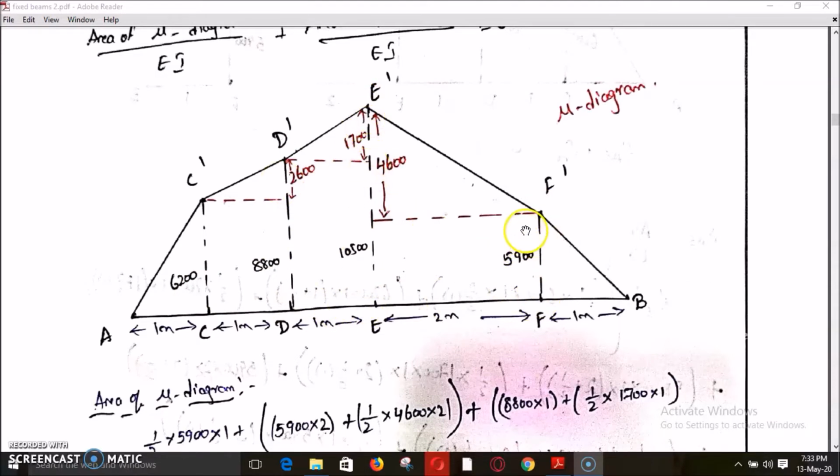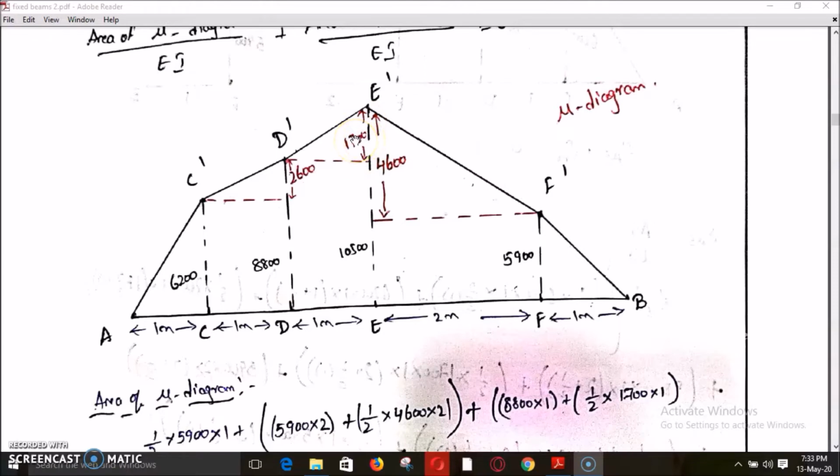I took a rectangle of breadth 5900 here, so this becomes 10500 minus 5900, that is 4600. Again I need this value also: 10500 minus 8800 gives 1700.